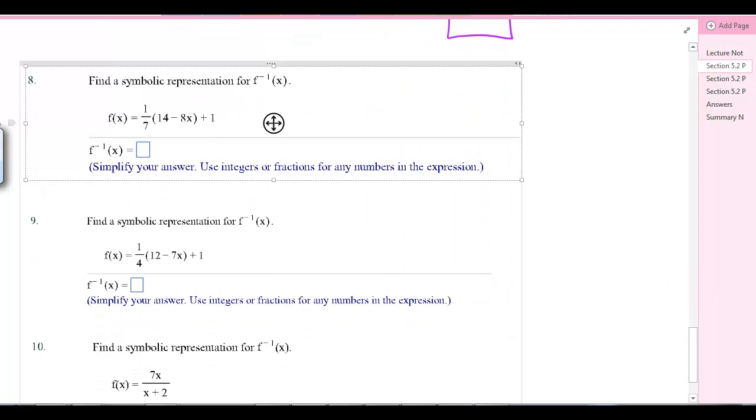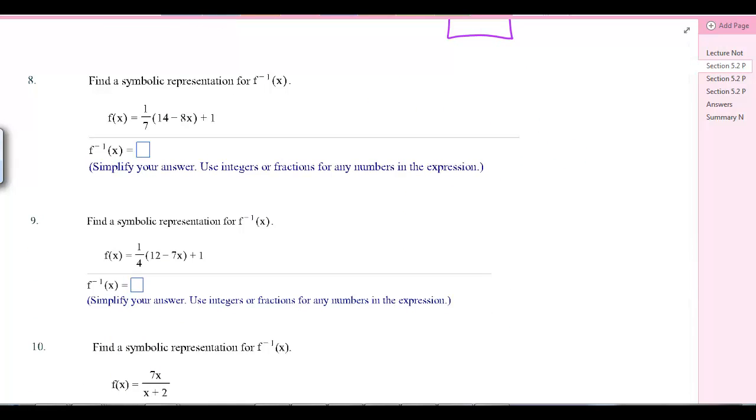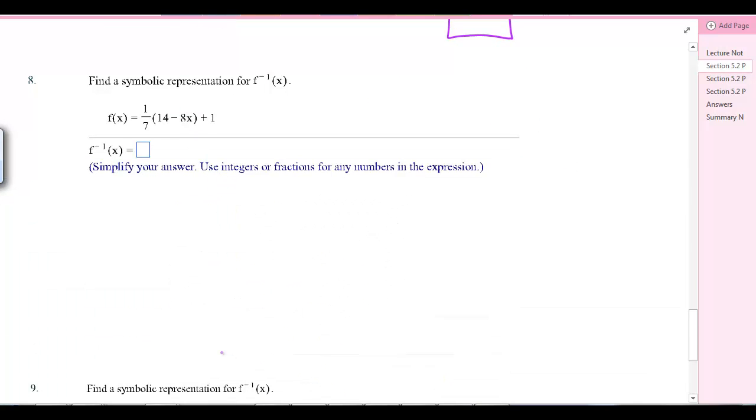All right, let's do this one. Get some room here. All right, so we're going to do the same thing here. We've got y equals 1/7 of (14 minus 8x) plus 1. And we're going to change out x and y. I think there was a parentheses there.